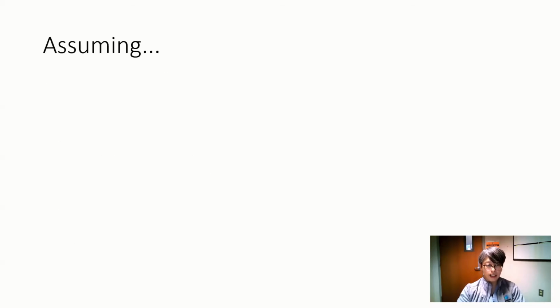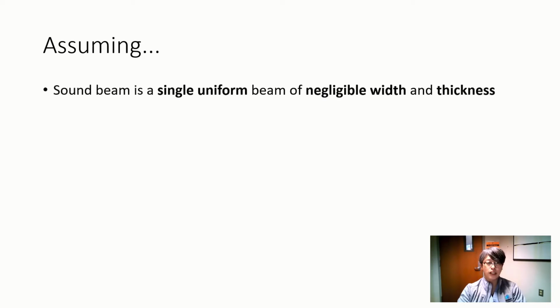And then for ultrasound, we usually see the image using assumptions. Those assumptions usually include that the sound beam is a single uniform beam, not multiple. The beam is negligible in terms of width or thickness.